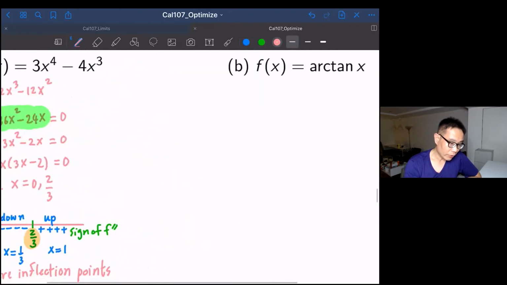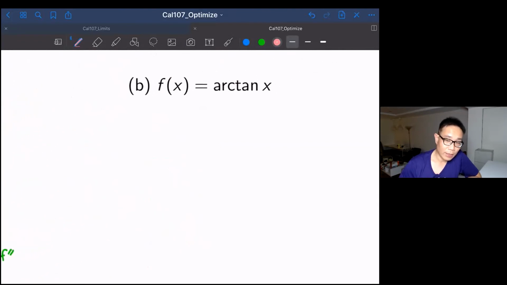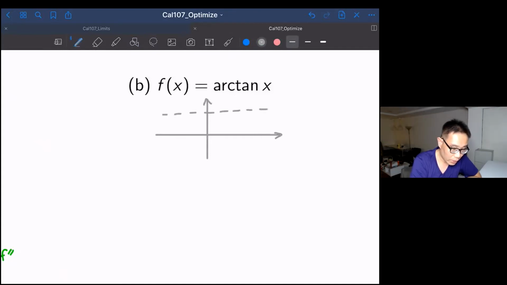The next one is the graph y equals arctan x that we already know about. Let's graph this one first to see what's going on and to see whether you can determine concavity from the graph. You have two horizontal asymptotes, and your graph is an S shape like this.